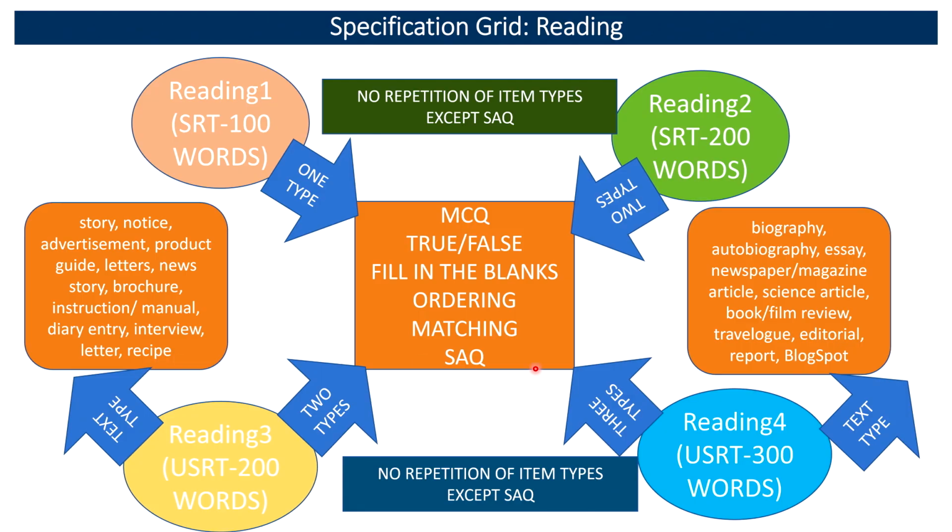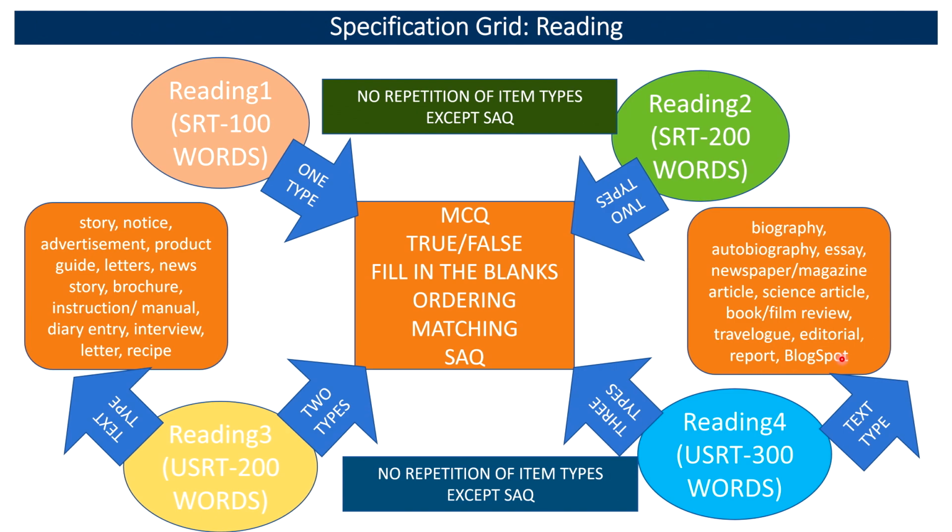And in reading 4, we have different types of text again: biography, autobiography, essay, newspaper, magazine article, newspaper article, science article, book or film review, travelogue, editorial, report and blog spot.